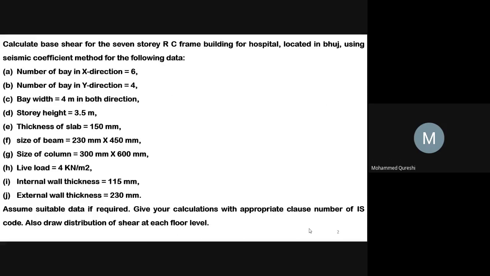We had discussed earlier how to calculate the base shear for the seven-story RC frame building for hospital located in Bhuj using seismic coefficient method. And in these examples, we had calculated design base shear as 4483 kilo Newton.